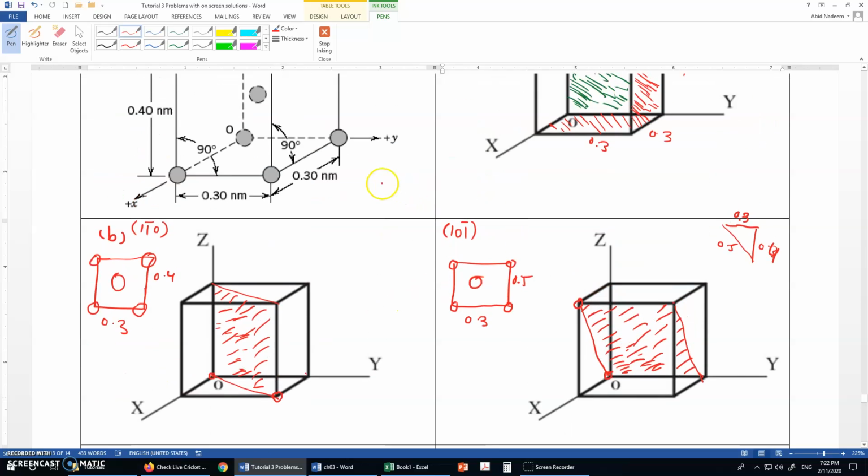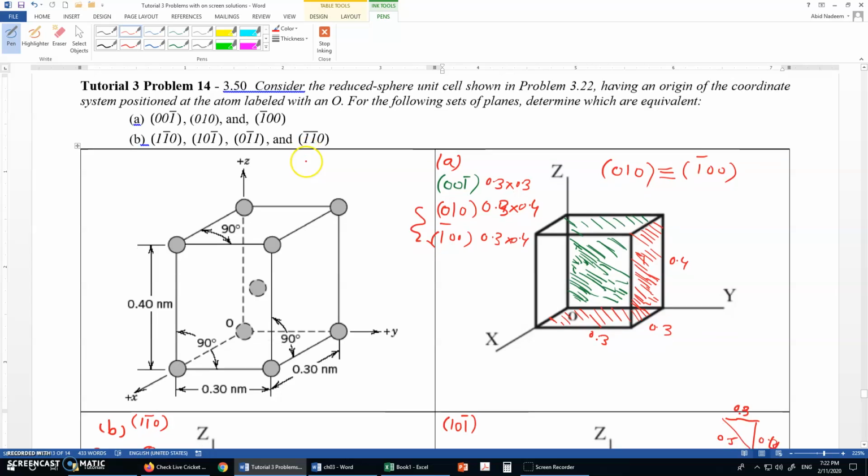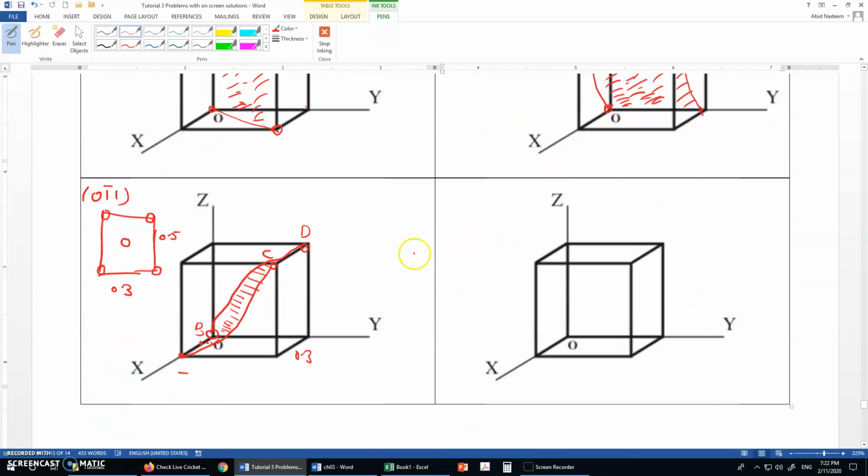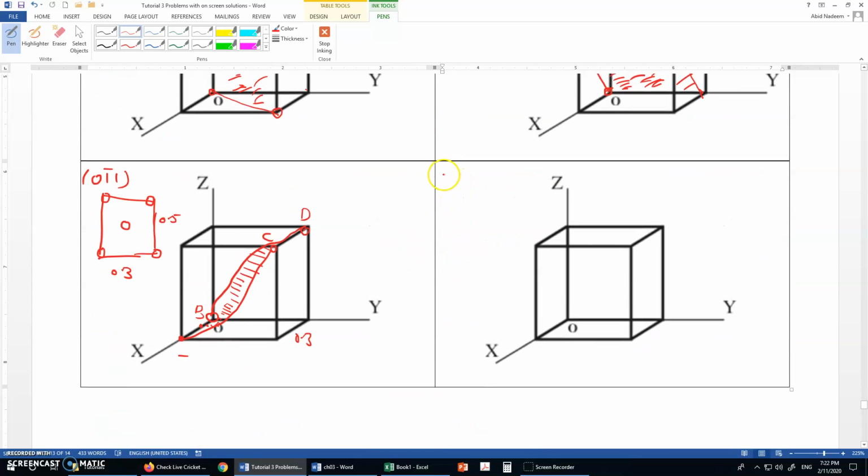Okay, the last one was 1 1 bar 0. So for 1 bar, we will take the origin from 0, in the x direction 1 unit, and in the y direction 1 unit. So this will be the changed origin.